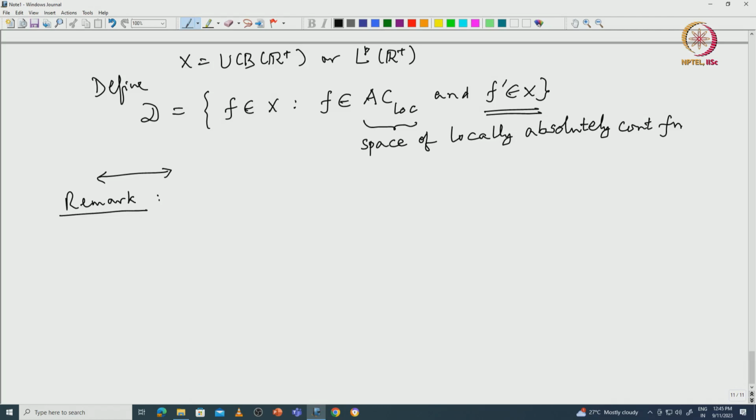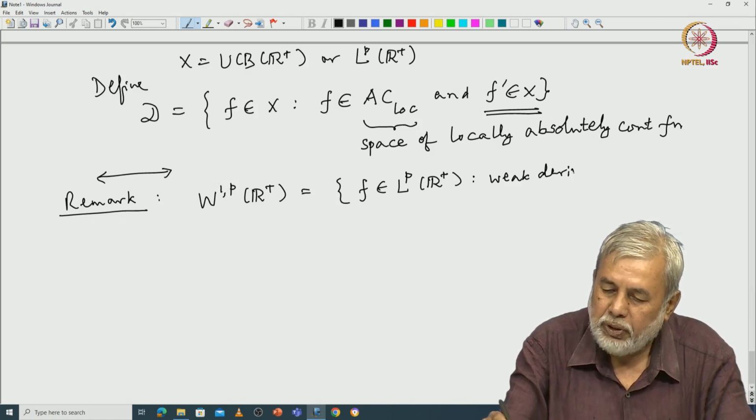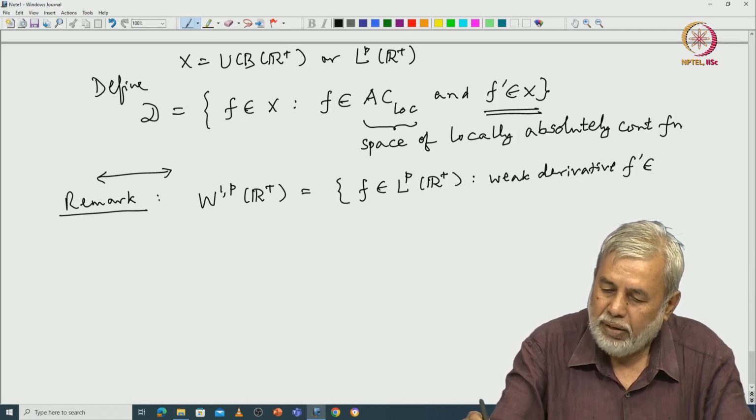We have defined W^{1,p}(Omega) in general, so this is f in L^p(R plus) such that the weak derivative, or derivative in the sense of distributions, f prime is also in L^p.